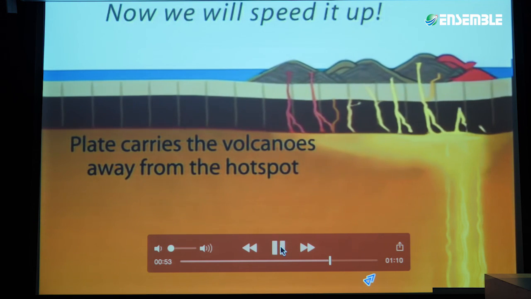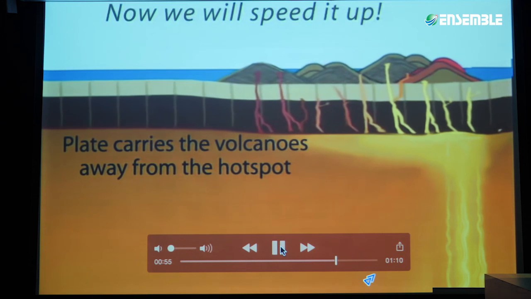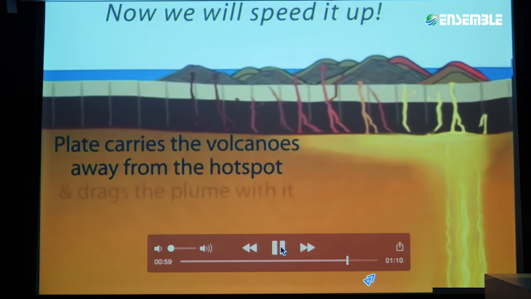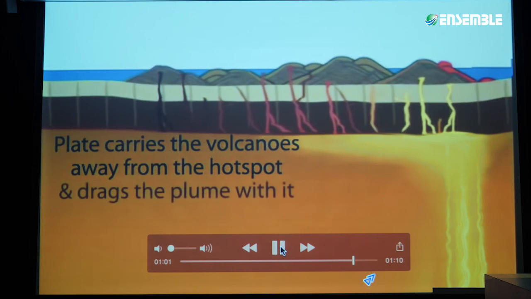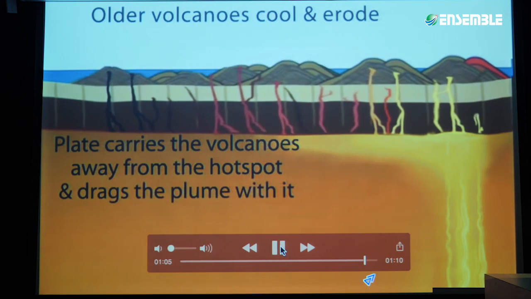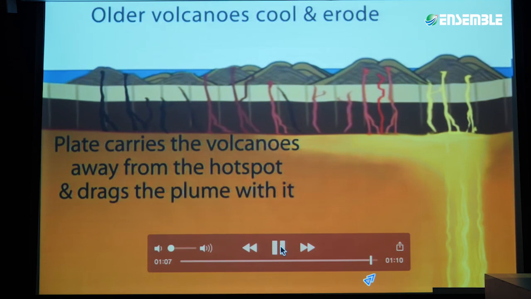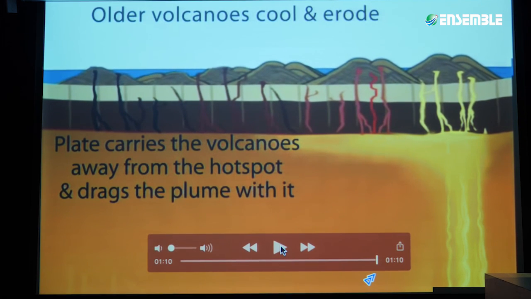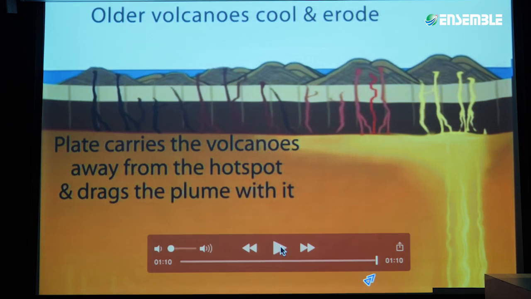It is in this manner that inactive cones are linearly arranged, and that also shows the direction of plate movement, but the end is still near where the hot spot is active, and that is still one of those places where volcanic activity keeps on taking place. Now, this is exactly the case of Hawaii.